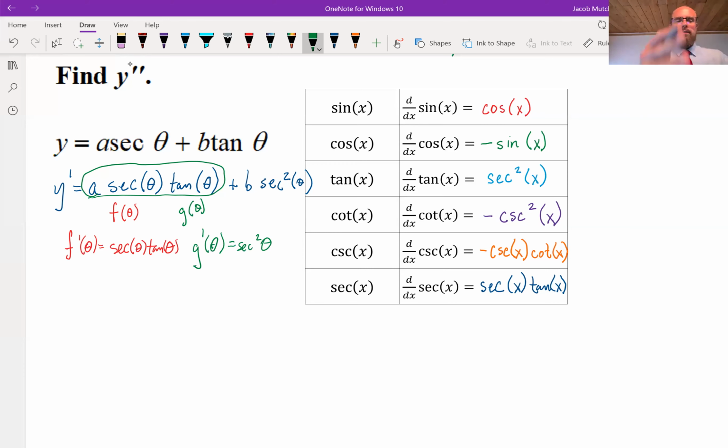So let's take the derivative of that first term. Again, what we're building is y double prime. So we set up for the derivative of that first term, a secant theta tangent theta. The a is just going to stay in place. And then I'm going to pick up with my product rule pattern. So f at theta is secant theta times g prime at theta, that's secant squared theta.